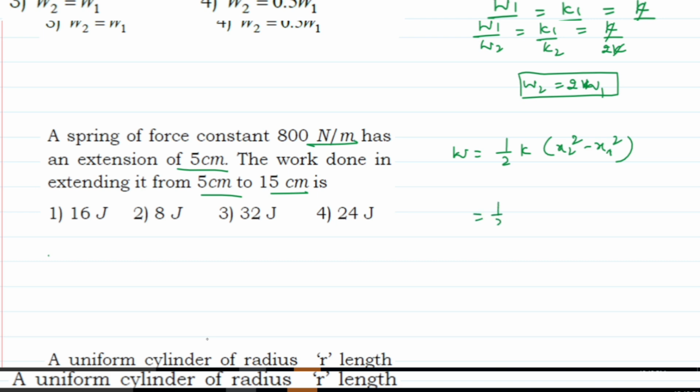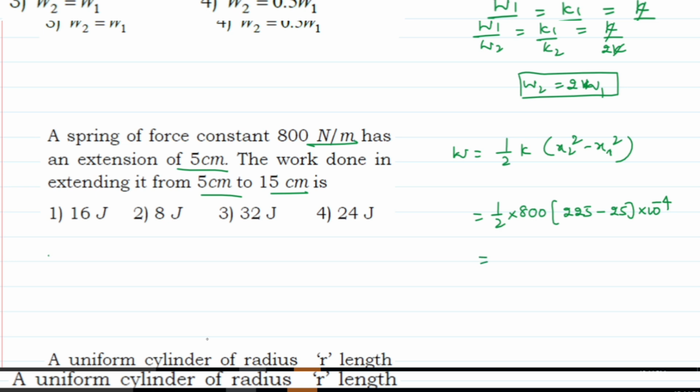So it's half into spring constant, 800, into x2, in the sense you are displacing up to 15 centimeter. 15 square is 225, minus x1 as 5 centimeter, 5 fives are 25 centimeter square, which is 10 power minus 4 meter square.